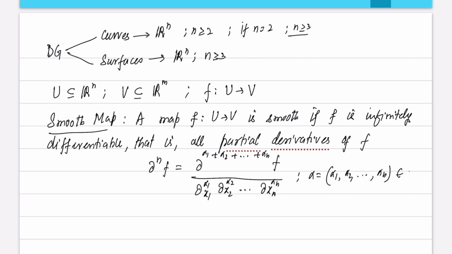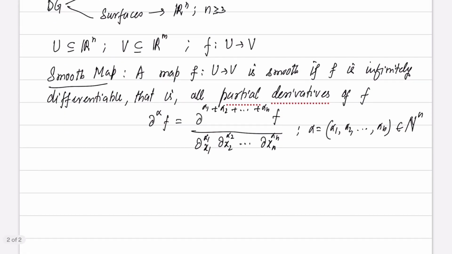In fact, this will be an ordered n-tuple in N^n, the Cartesian product of N with itself n number of times. So the alpha derivative of f with respect to these n variables x1, x2, ..., xn must exist and be continuous.